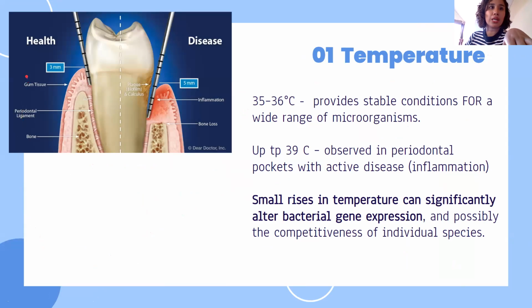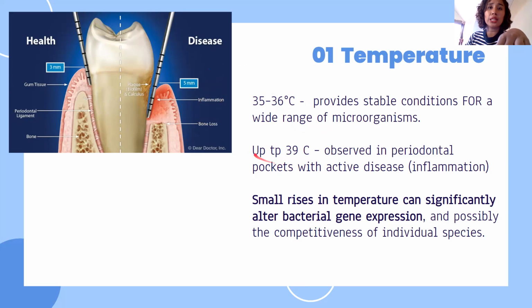So, this looks like a healthy gum tissue, healthy periodontal ligament, healthy bone. Okay? But in cases of disease, yan. So, the gum tissue recedes. Yan. Umikli. Tapos, it's inflamed. There is bone loss. So, at normal temperature, 35 to 36, yan, it's stable for microorganisms.